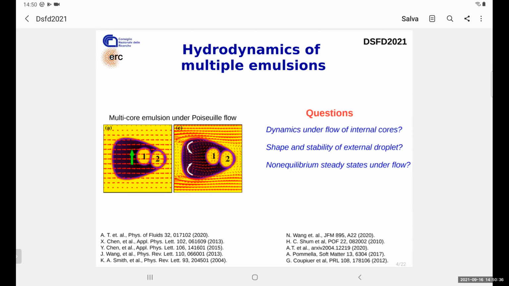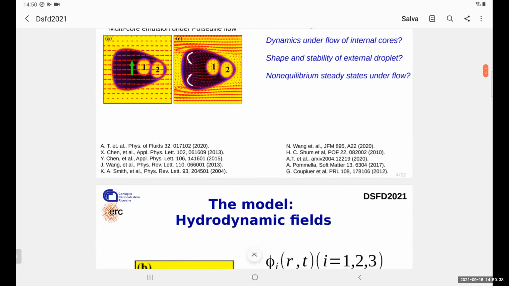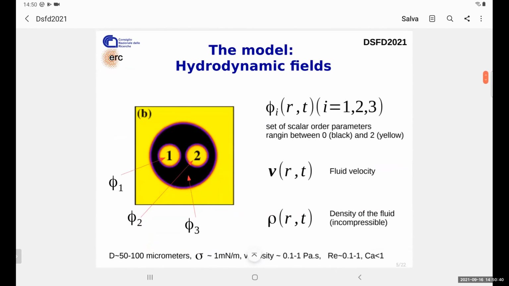So a few words about the theory, the model behind what we use to simulate these droplets. Basically, the theory stems from a generalized thermodynamic approach in which one typically describes the mesoscale physics observed in the system using a set of hydrodynamic fields, which coarse grain over the molecular details of the system. So we basically don't care what happens at the molecular scale.